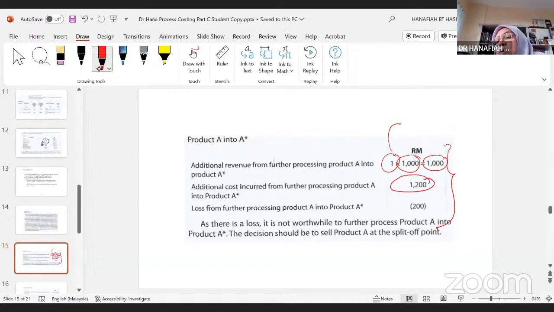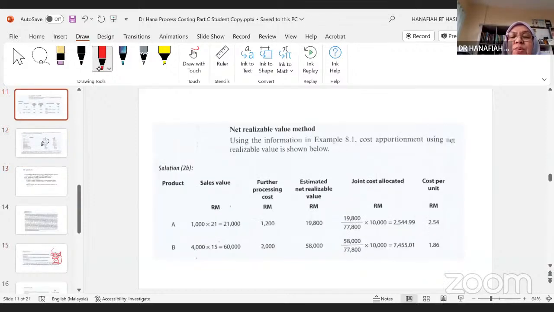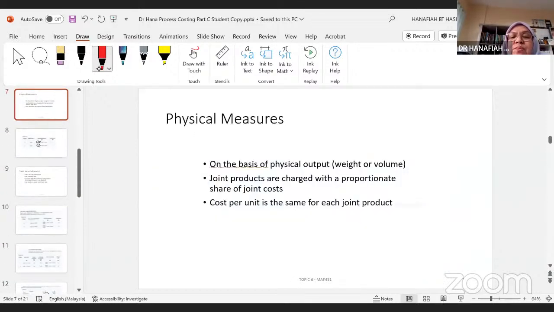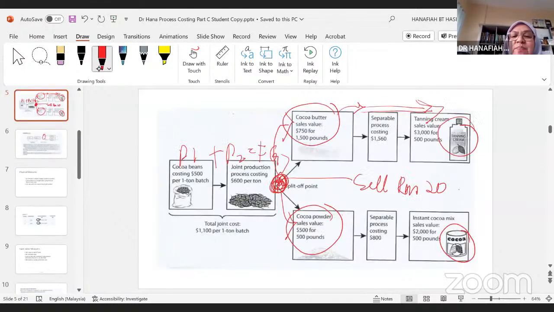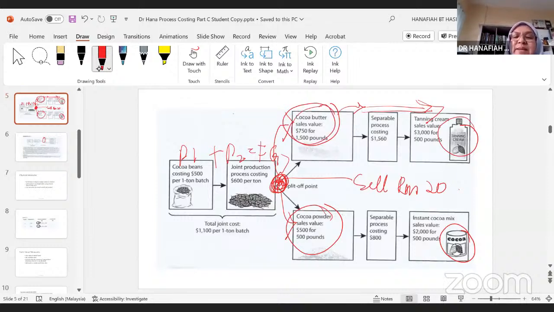Might as well you stop there. You don't have to proceed because your cost is higher than your revenue. You are going to lose. So for product A, you stop at the split off point. You stop here, or you stop here. You don't have to go to this process. No need to proceed with these two processes.